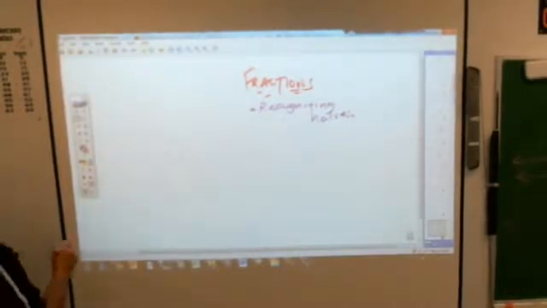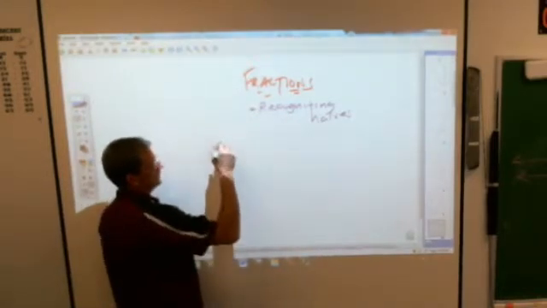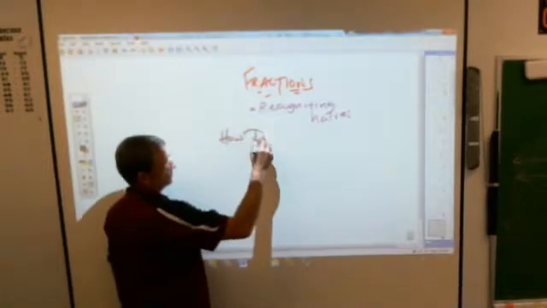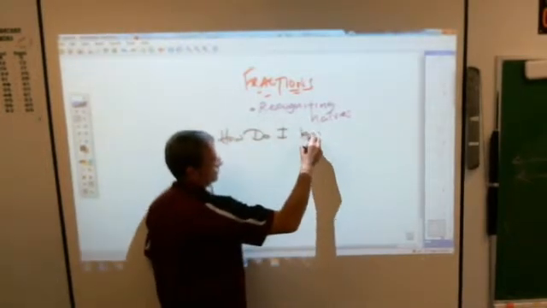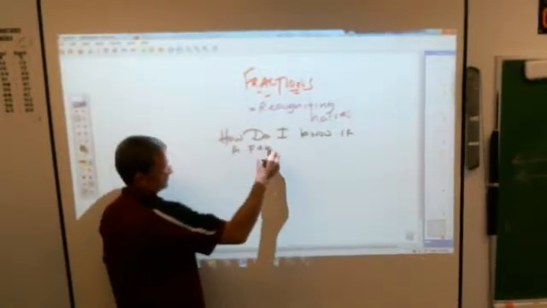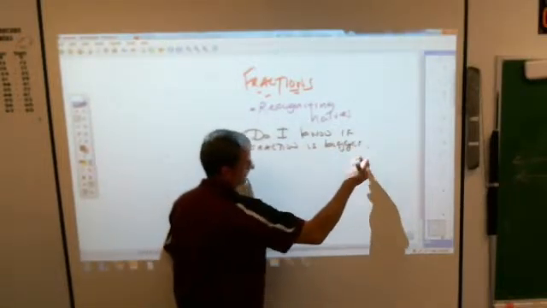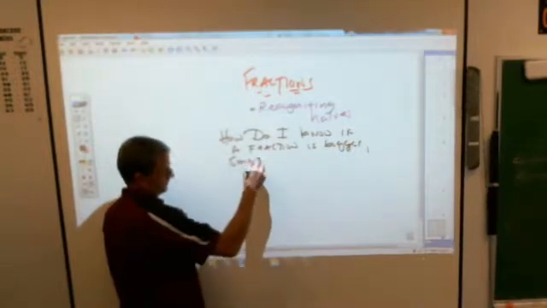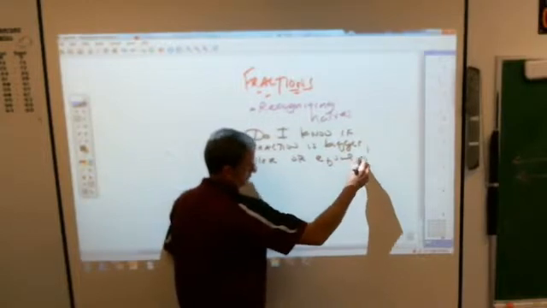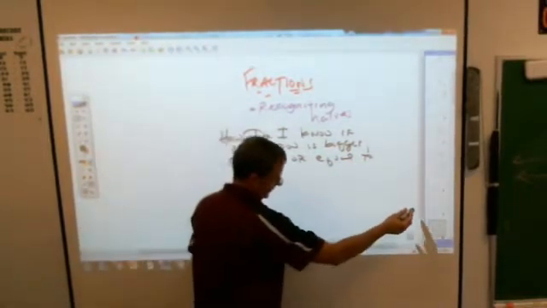Which means we are going to answer the ever-learning question: how do I know if a fraction is bigger, smaller, or equal to 1/2? That's what we need to figure out for today.